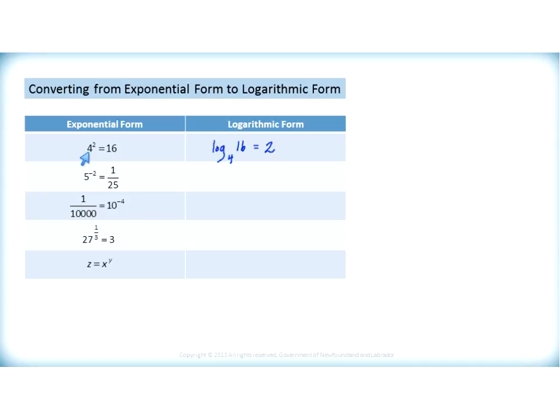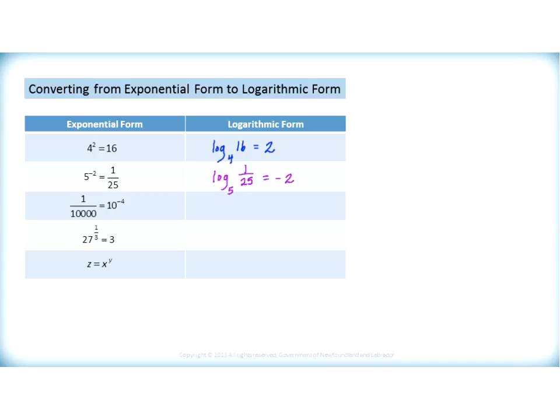So we say that the log of 16 to base 4 is equal to the exponent 2. In the second example, we have 5 raised to the power of negative 2 is equal to 1 over 25. So to write that in logarithmic form, we say that the log of 1 over 25 to base 5 is equal to negative 2.